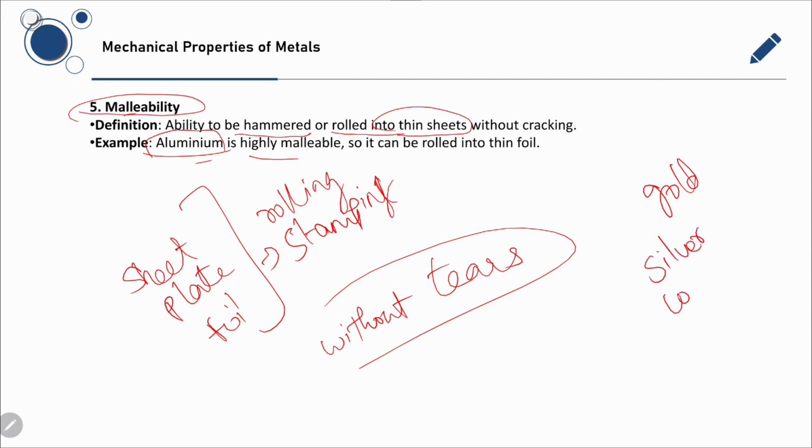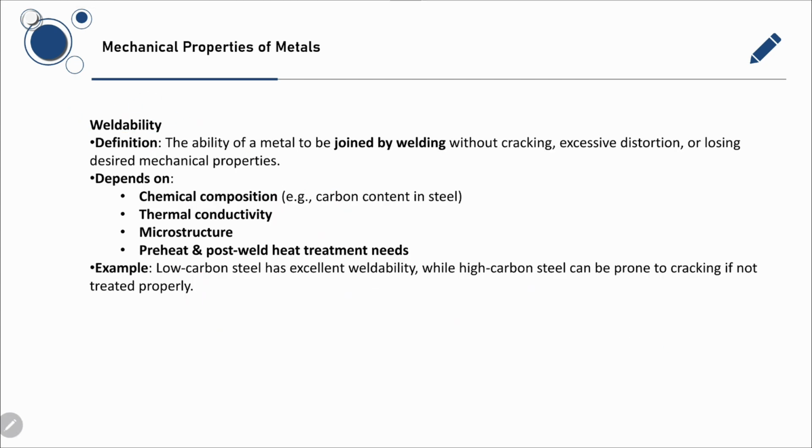These are also easy to form into thin sheets or foils. High temperature and fine, clean microstructures generally increase malleability. This is malleability. The next topic is weldability.